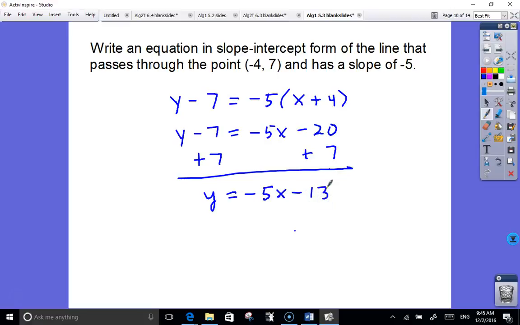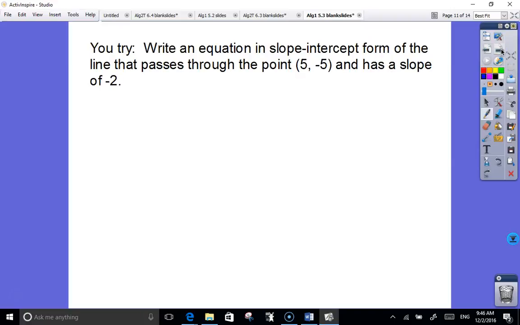So instead of using the y equals mx plus b to find the b, just plug it into this and solve for y. Okay, so try to do the same thing with this.